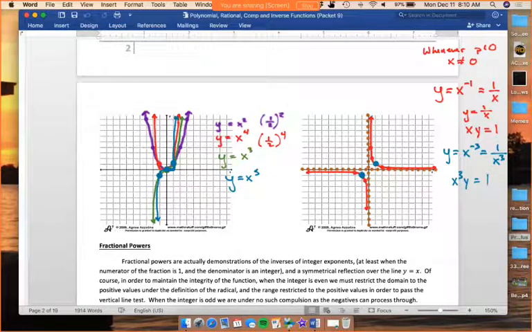But (2, 1/2) and (1/2, 2) aren't going to be there. If we think about it, if I put in 1/2 for x, when I cube it, what is 1/2 cubed?